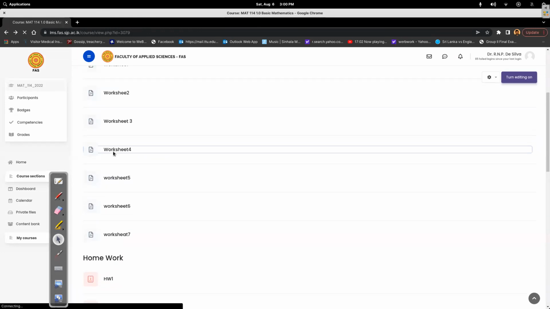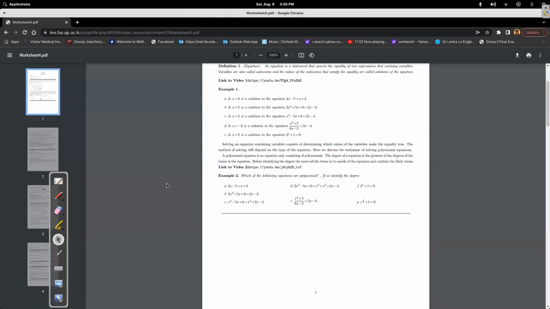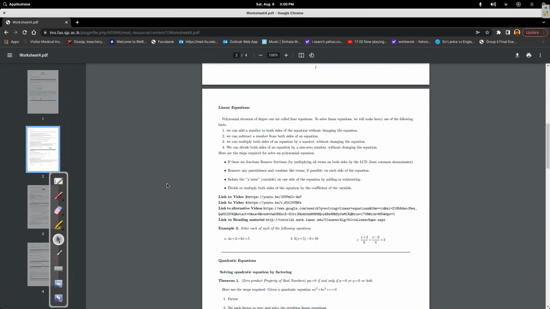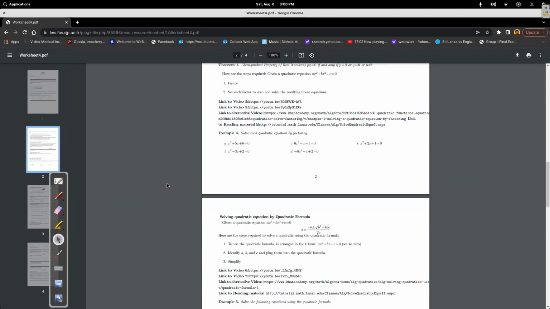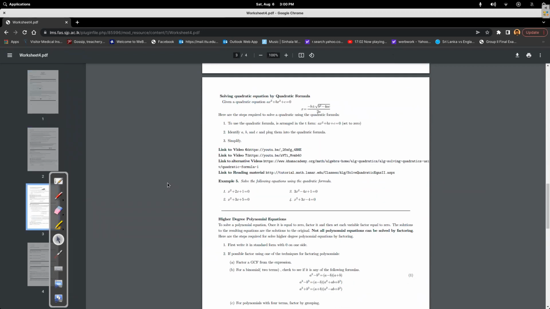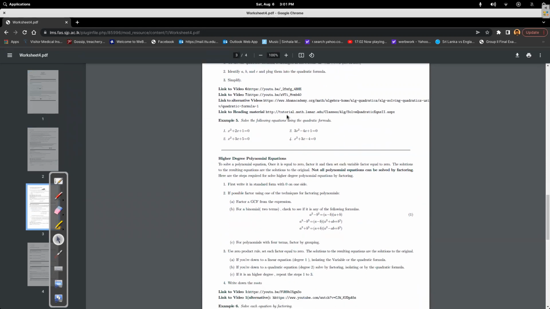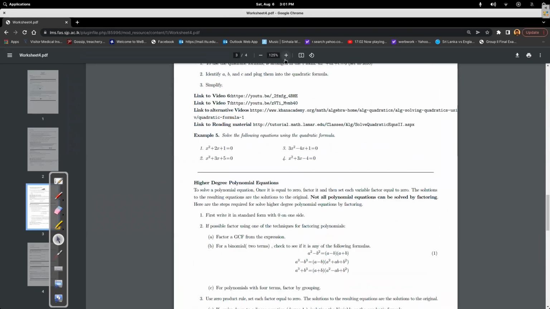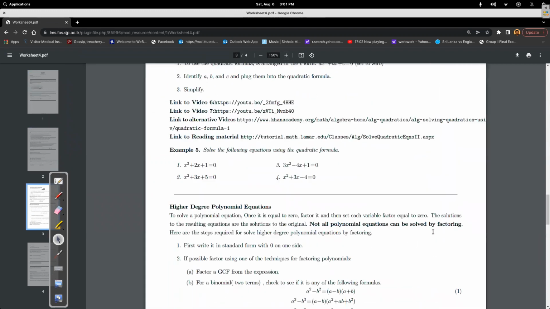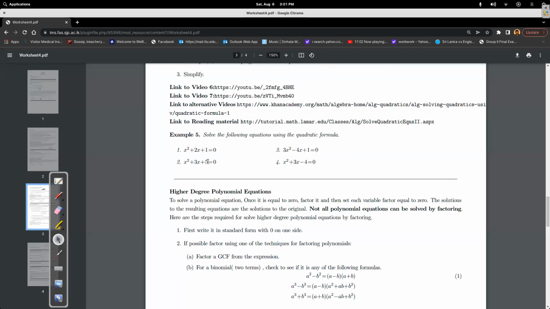That one, right? Maybe it's a typo. Is this the worksheet example 5, B and D, or does it have 1, 2, 3, 4? Okay, so 5B means worksheet 4.